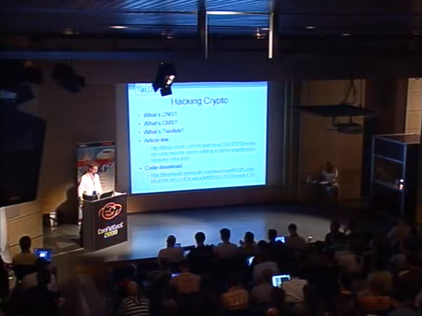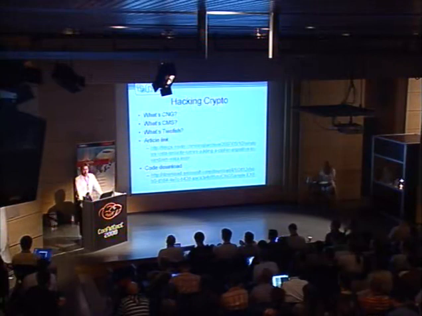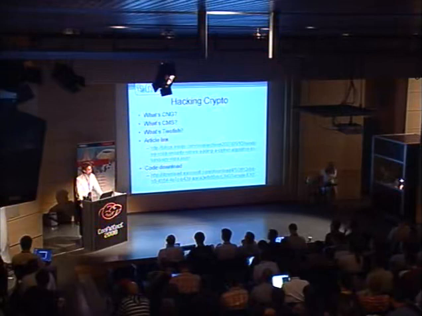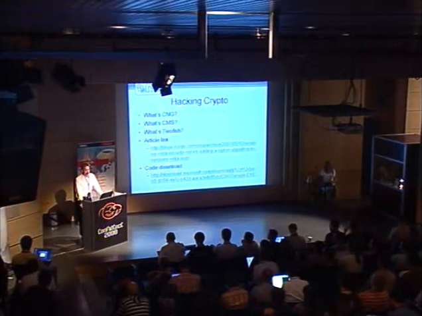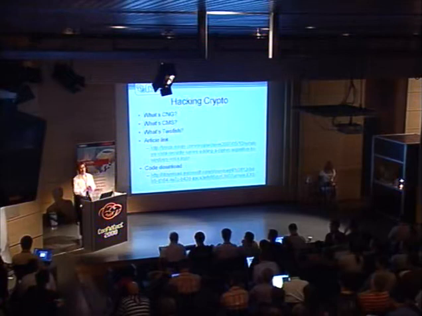Okay, so what's CNG? CNG is Crypto API Next Generation. That's basically the new cryptographic API for Windows Vista. There are a couple of goals in that API. One of which is to make it a lot easier to add new algorithms to the operating system.